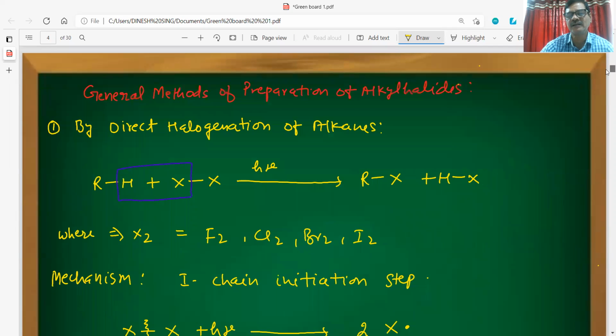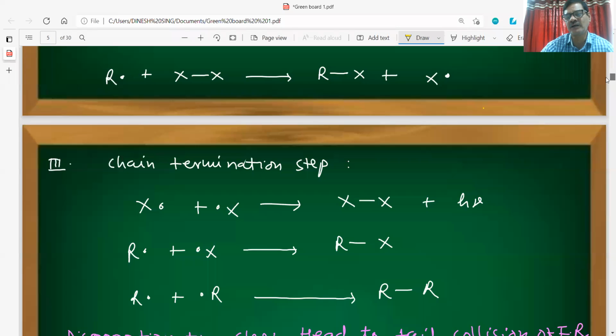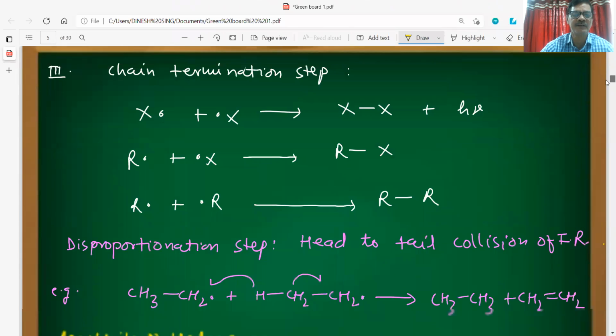And one more thing in this reaction, which we generally discuss in the chemical reactions of alkanes, is the principle of selectivity and reactivity, also known as Hammond's postulate. Hammond's postulate is also a very, very important part.